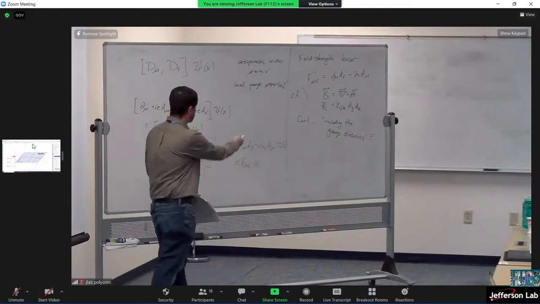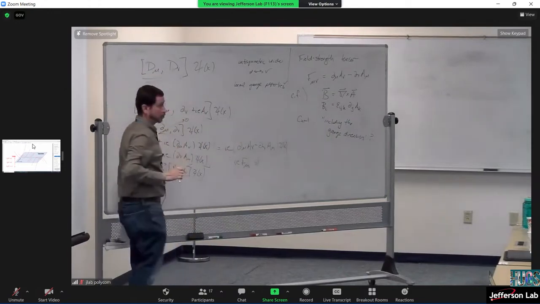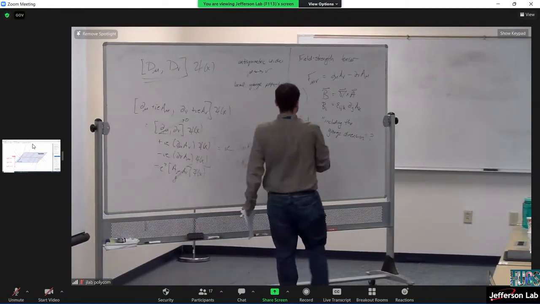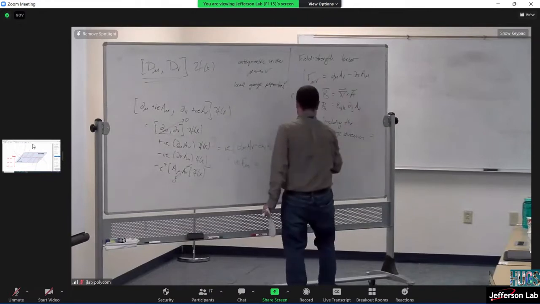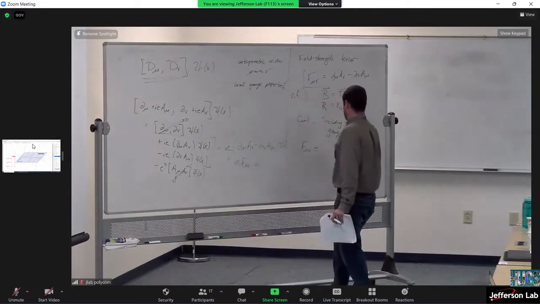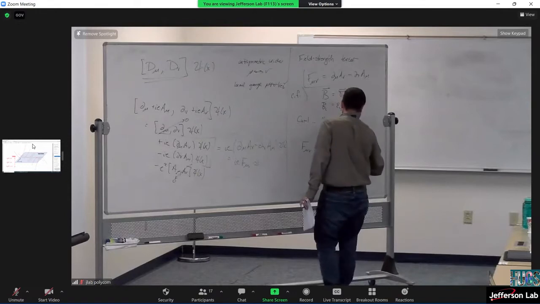So this is just equivalent to what we wrote down over there, but because this object has simple transformation properties in the gauge direction, this is a much better way of writing the same thing. So I can effectively define F mu nu to be minus i over e times the commutator of covariant derivatives.